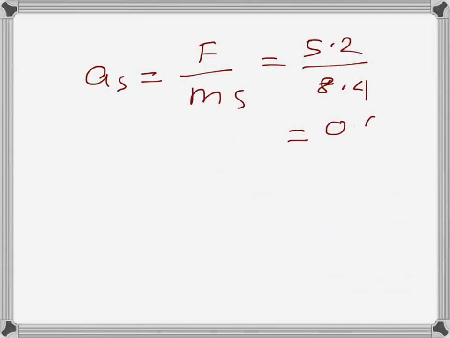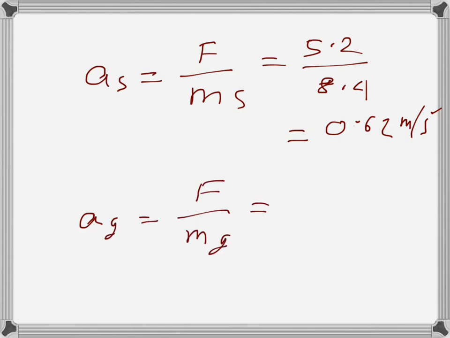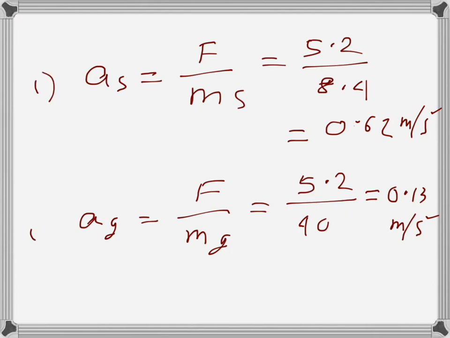So it will be 0.62 meter per second square. And the girl's acceleration will be ag, F over mg. That would be 5.2 divided by 40, and that gives us 0.13 meter per second square. So these two are the accelerations that we needed to find.